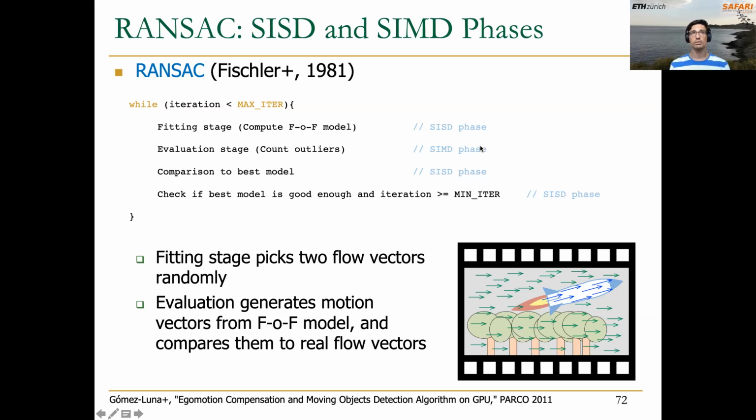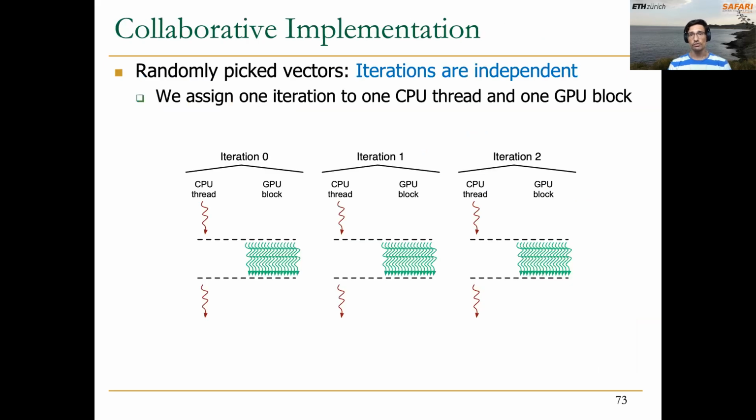There is a lot of parallelism here because in the evaluation, we are comparing the optical flow model to all the real optical flow vectors. So this is a very suitable computation for collaborative execution, and that's essentially what we did in our collaborative implementation. We assign the SIMD phases and sequential phases to CPU threads.